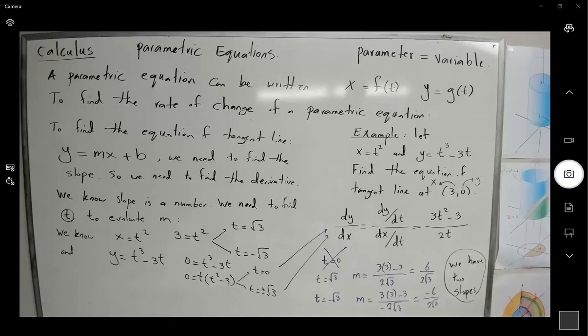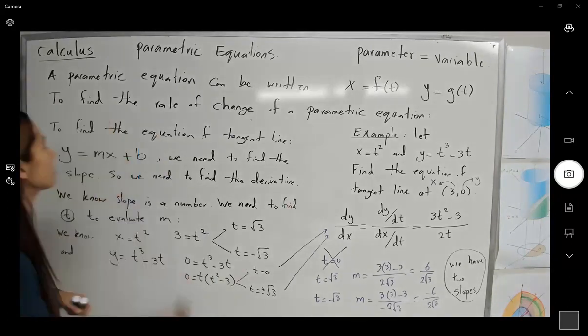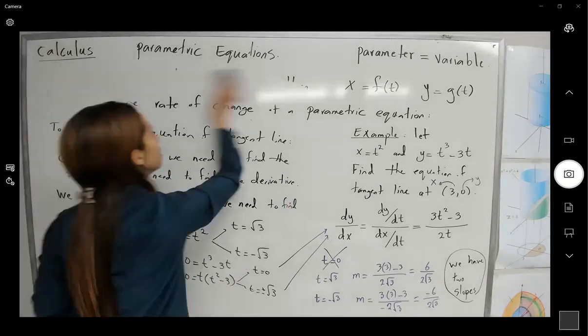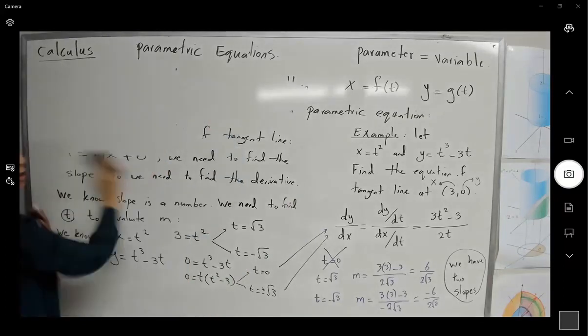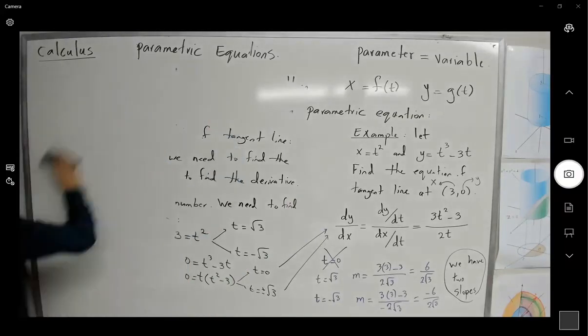So I expect you to ask, now that you took the first derivative this way, what is the second derivative? So we are doing calculus on parametric equations.